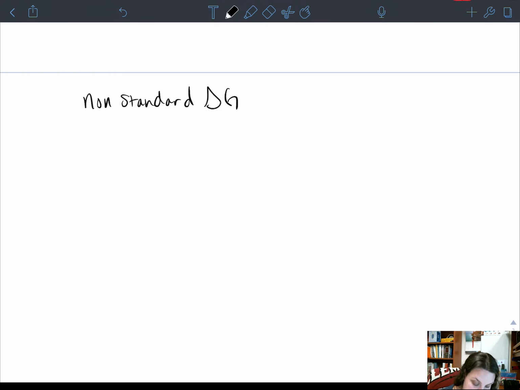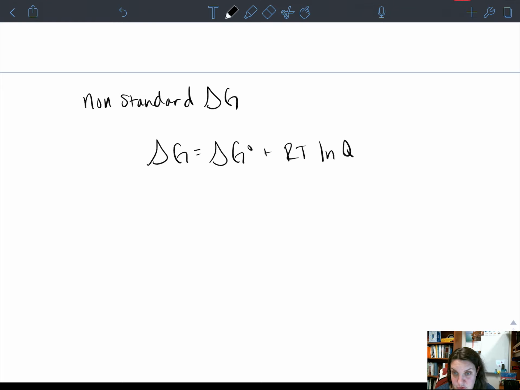Our non-standard delta G is equal to our standard delta G plus RT ln of Q, our reaction quotient. Remember your reaction quotient, the same equation as before. Generally with these you're looking at partial pressures, although not always.